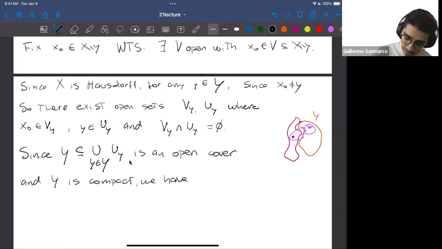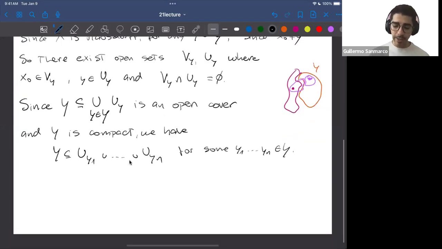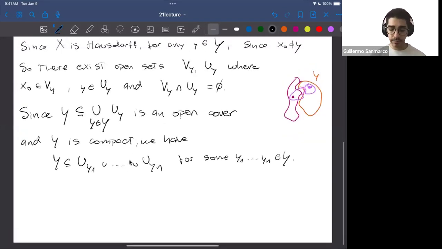We actually have Y inside finitely many of those, for some y1, ..., yn in Y. Okay, any questions?